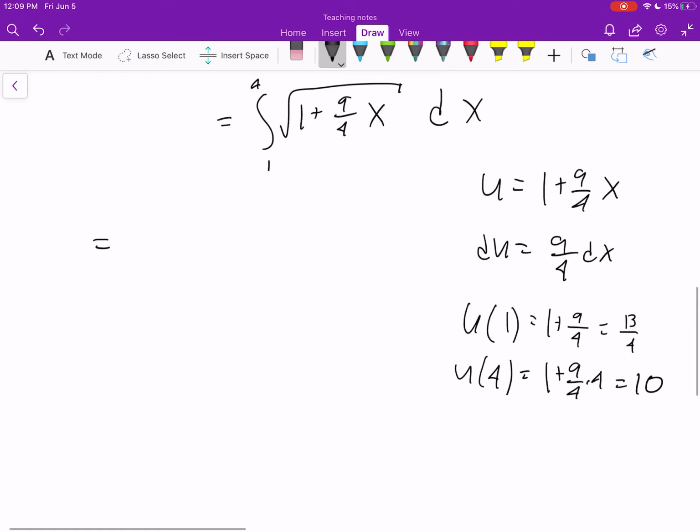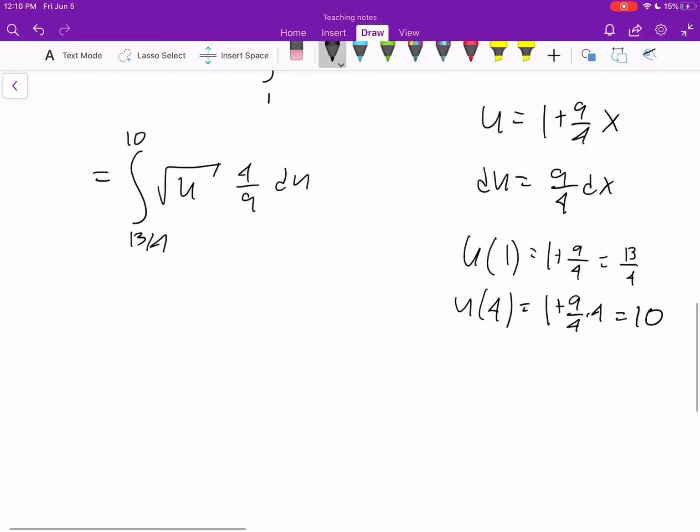That's not as bad as I thought it was going to be. So I'm just changing the bounds on my integral. I'm going to have now the integral from 13/4 to 10 of the square root of u, because u is 1 plus 9/4 x, and then dx is going to be 4/9 du. So I can pull the 4/9 out.